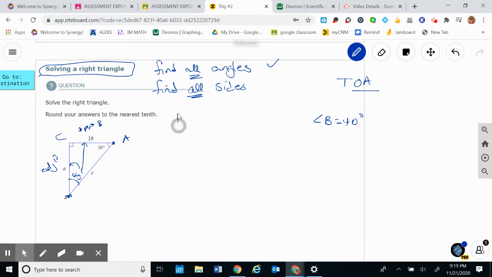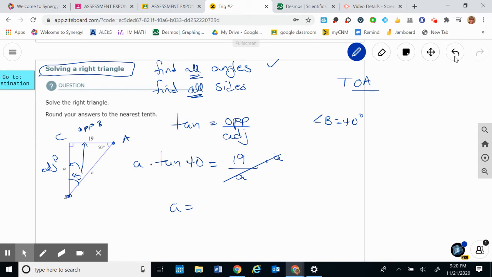Tangent is equal to the opposite over adjacent, right? So I'm going to take the tangent of 40, because I know what it is equal to, 19 over A, which is adjacent. Multiply by A, divide by tangent of 40, both sides by the tangent of 40, right?